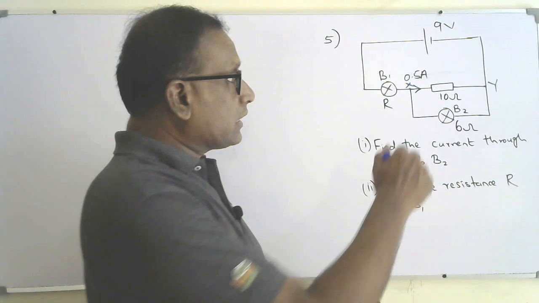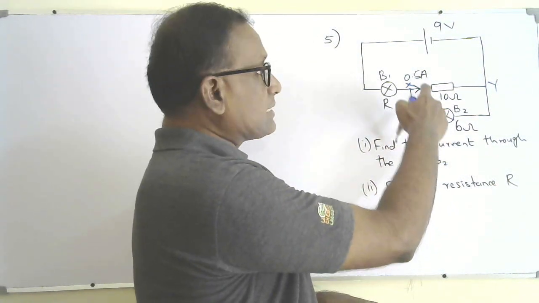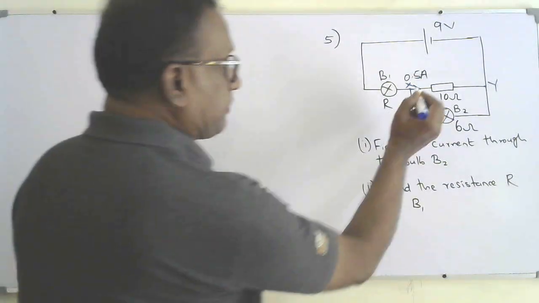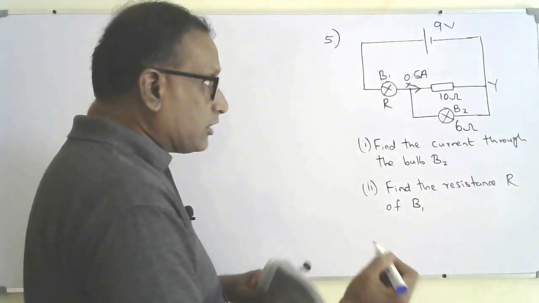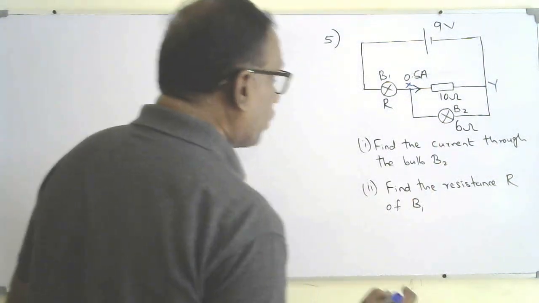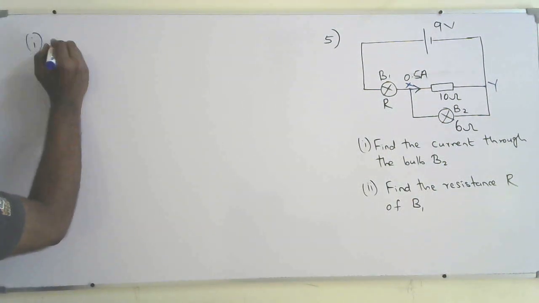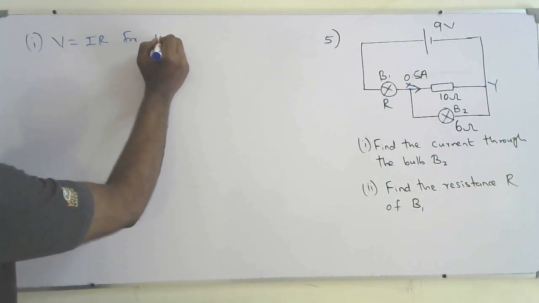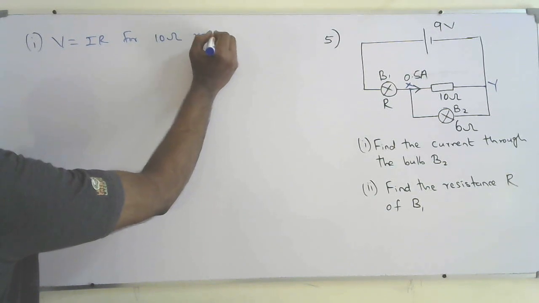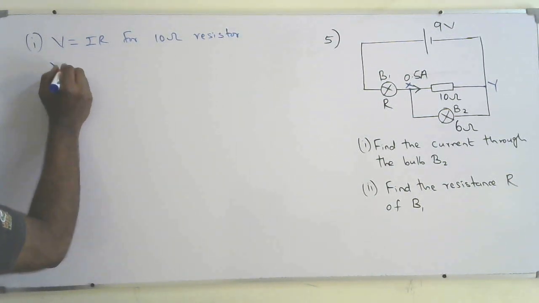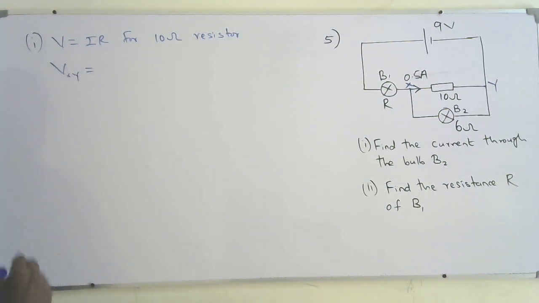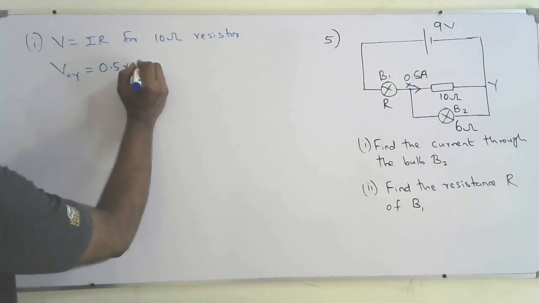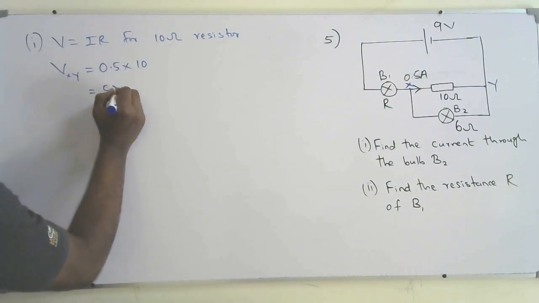I know the current through the 10 ohm resistor is given as 0.5 ampere. So the voltage across the 10 ohm resistor will be the same as the voltage across the junction, and the same across the bulb B2. I use V equal IR for the 10 ohm resistor: Vxy is equal to 0.5 times 10, that is 5 volt.